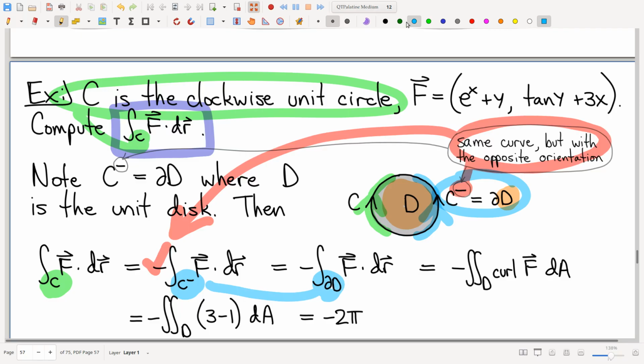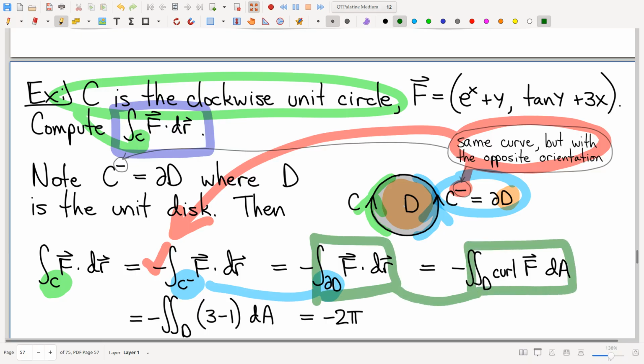And once you recognize that you've got a boundary, you're in business. This boundary line integral is computed by that double integral over the interior. What do you think? Everybody with me? Questions, feel free. Don't forget your minus signs. Carry them along, of course. Everybody's good.